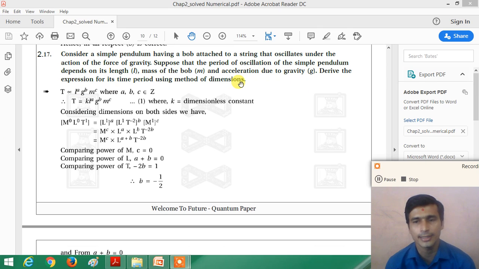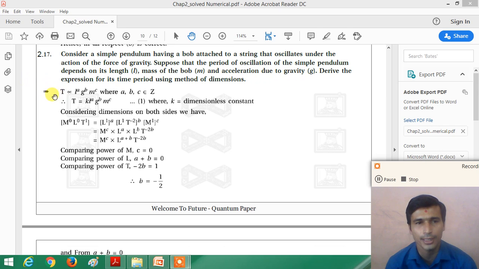In this example, we use the third use of dimensional analysis, which is to derive the relation among different physical quantities. Here it is given that the period of oscillation of a simple pendulum depends on the length of the pendulum, mass of the bob, and acceleration due to gravity, right?